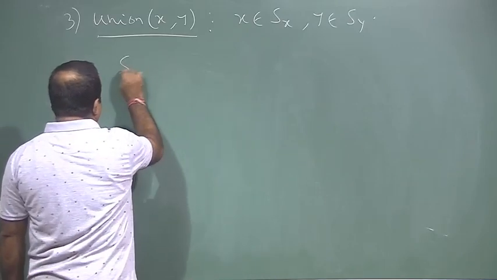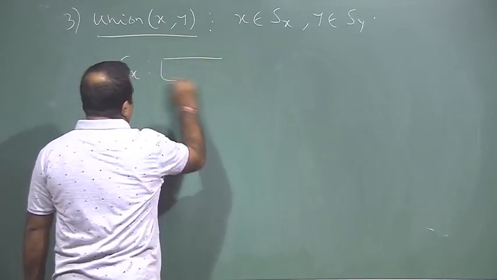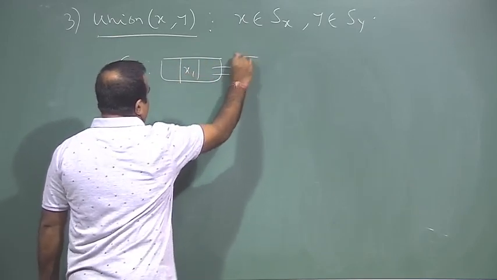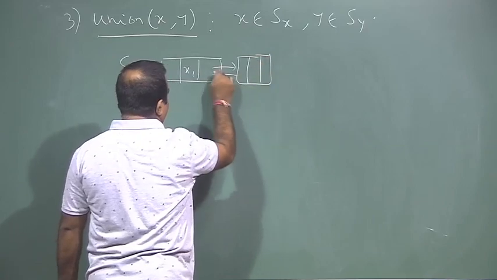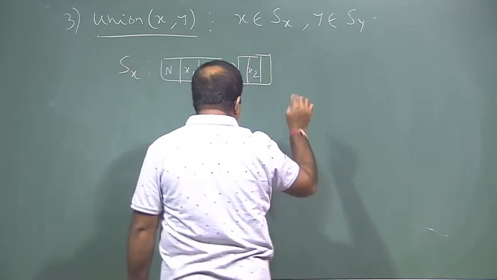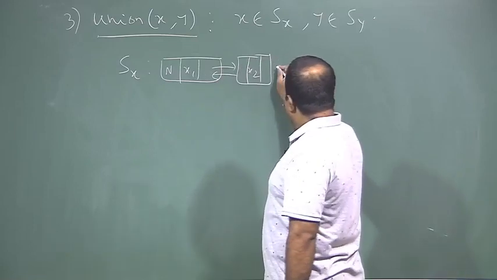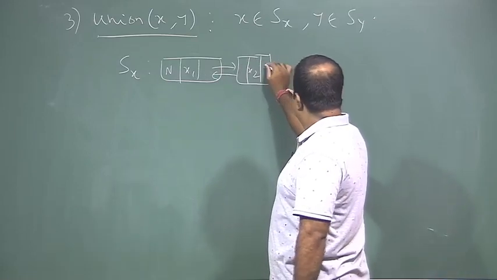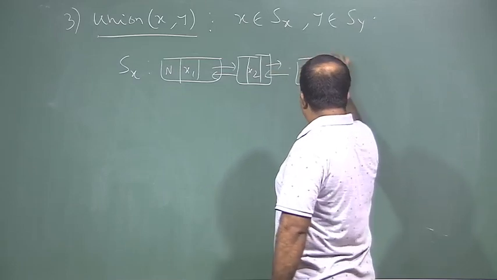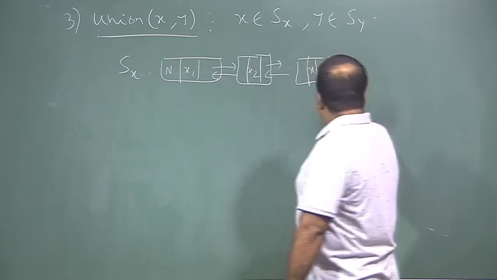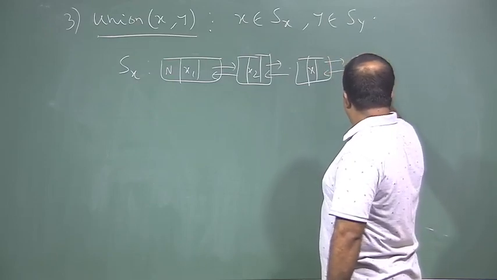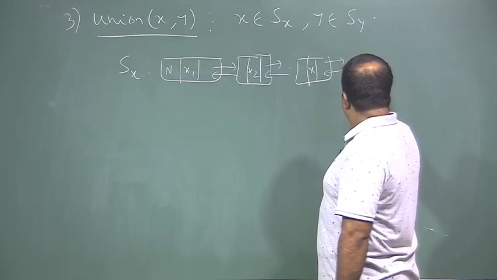So, this is S x, so this is x 1. So, we have some nodes over here, x 2, this is null. So, then we have dot dot dot somewhere S x is here, and we have the last element say x k.